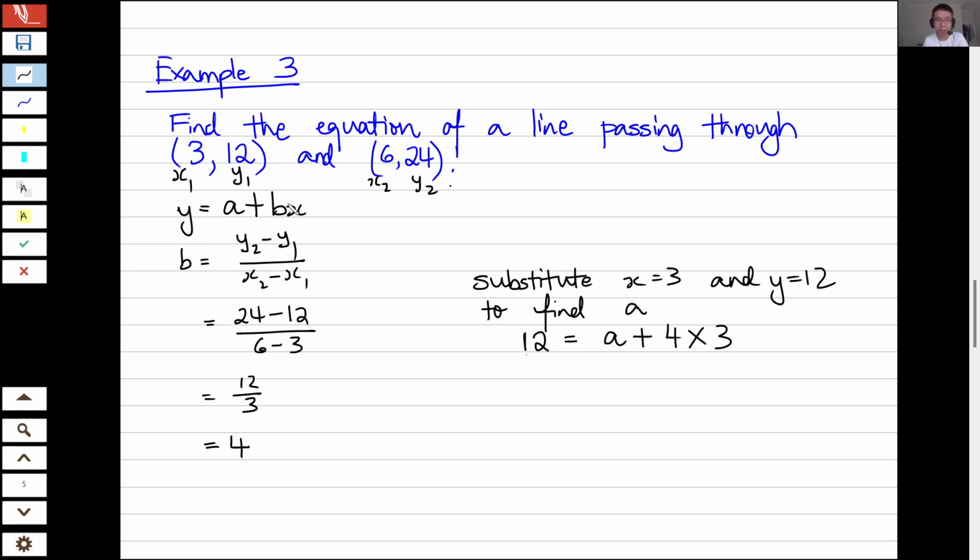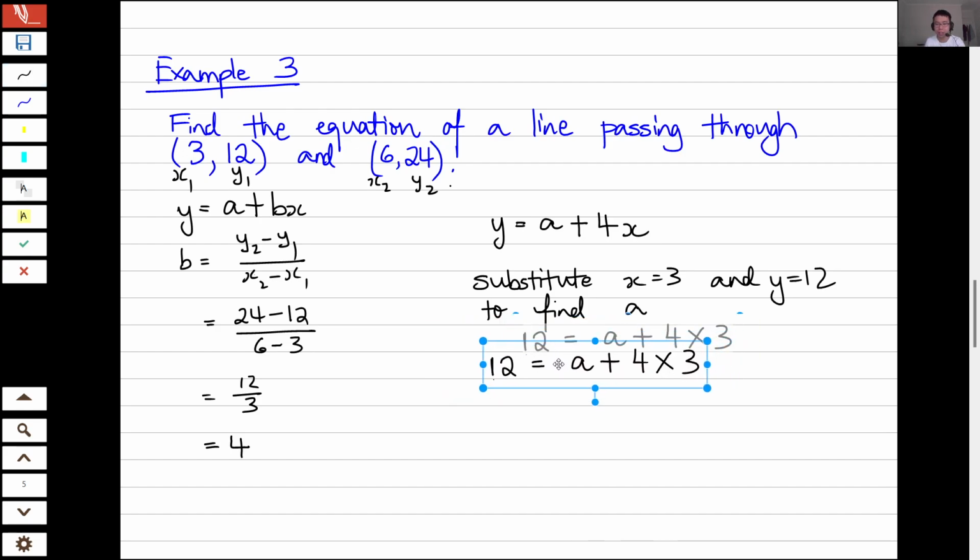So y equals a plus bx. We calculated b equals 4. So we know that y equals a plus 4x. So I've replaced b with 4 because we calculated b. And now what I want to do is substitute x equals 3 and y equals 12 into this equation.